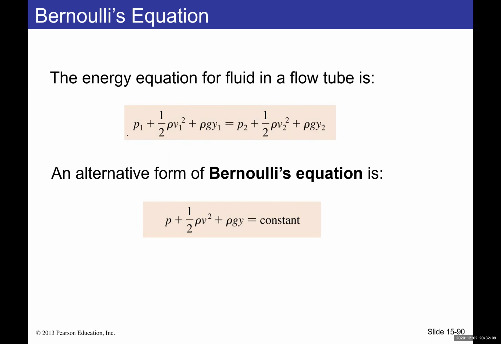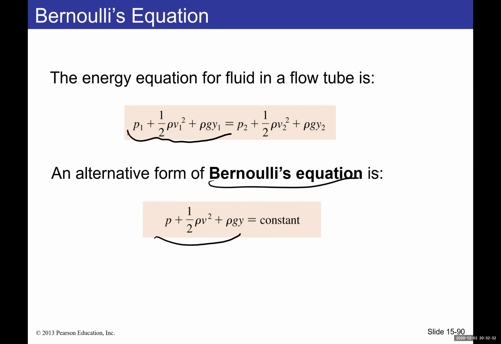So the combination of pressure plus 1/2 rho v squared plus rho g y is the same at both points. That means pressure plus 1/2 the density times the speed squared plus rho g y equals a constant. This is known as Bernoulli's equation.